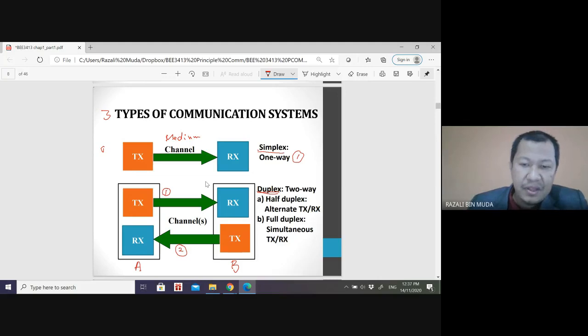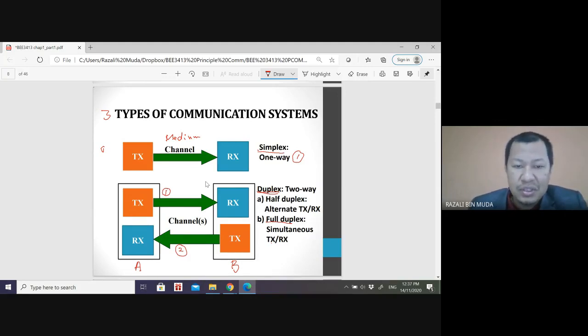The second type of duplex is called full duplex, where both devices can become transmitter and receiver simultaneously. A can be transmitter and receiver at the same time. So this is called full duplex. The example for half duplex is a walkie-talkie.